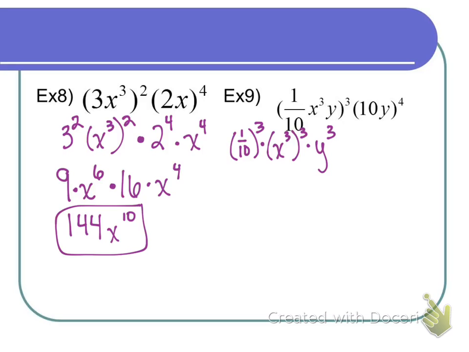Everything inside that second set of parentheses is getting which power? The 4th power. So that gives me 10 to the 4th power and y to the 4th power.